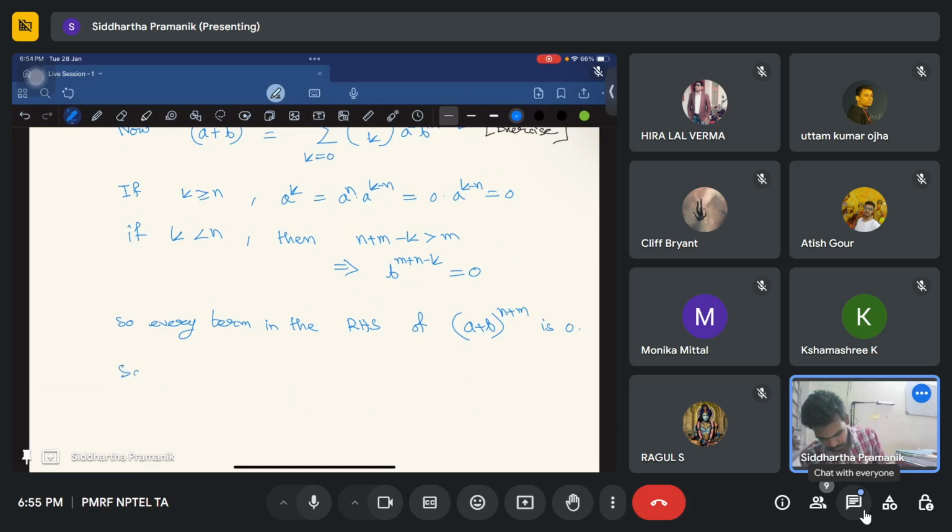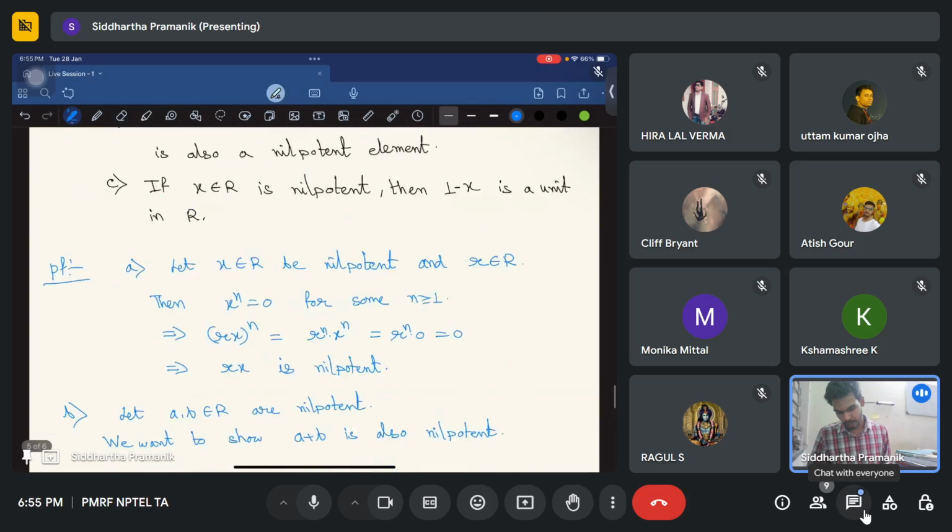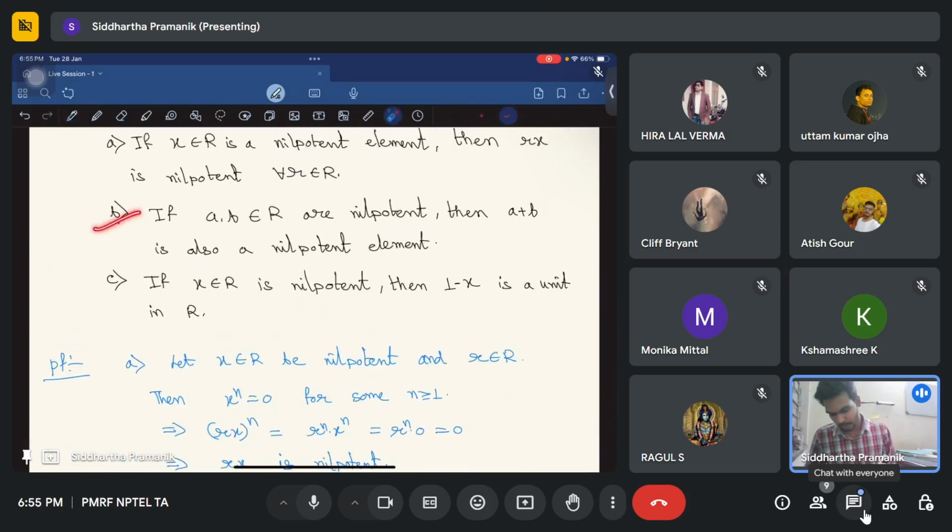So a plus b power n plus m is 0, and this implies a plus b is nilpotent. Okay, I hope this is clear for everyone. So the sum of two nilpotent elements is again a nilpotent element. So this proves the second one.